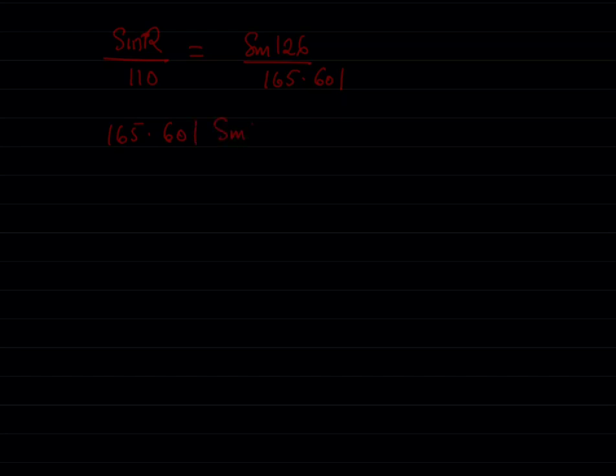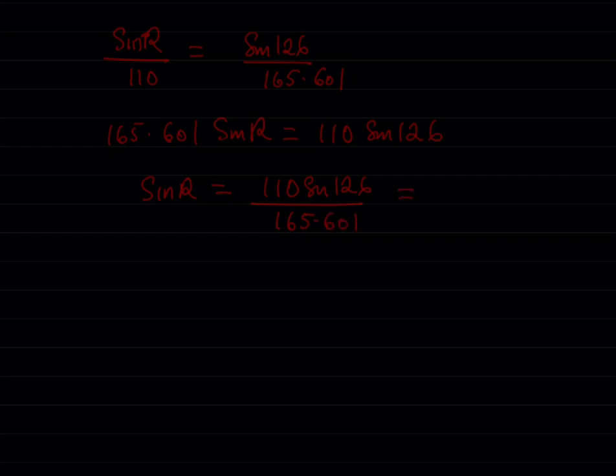Now, cross multiplying and simplifying further, I'm going to have 165.601 sine R is equals to 110 sine 126, where we have sine R will be equals to 110 sine 126 all over 165.601, which using calculator I'm gonna have 88.9919 all over 165.601.